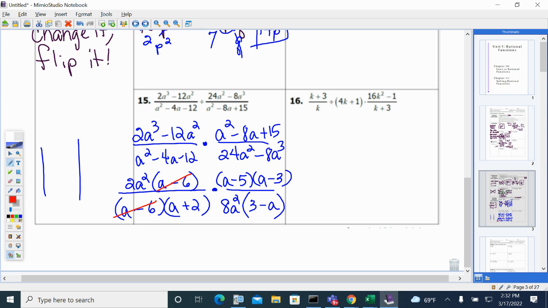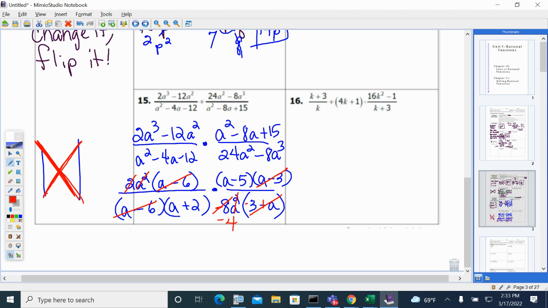So I'm going to make that a negative 8 so that the 3 becomes negative and the a becomes positive, so that now those two binomials cancel. From here, if we look this direction, nothing will cancel. But if we look this direction, the 2a squared is going to reduce with the 8a squared. The a squares are going to completely go away. 2 goes into a negative 8, negative 4 times.